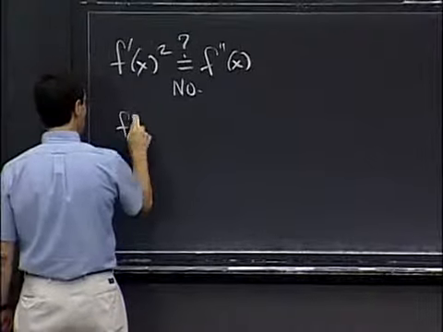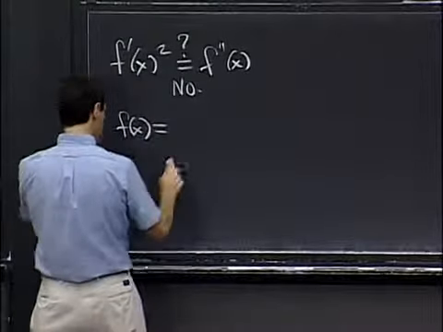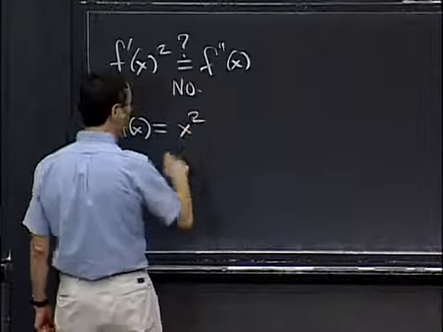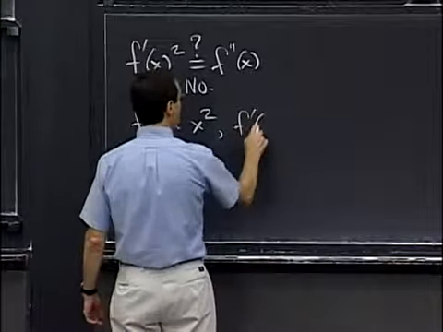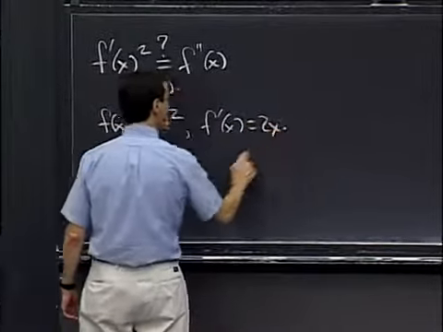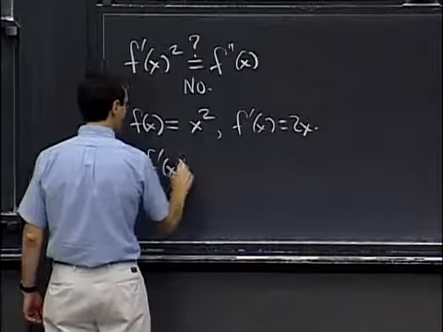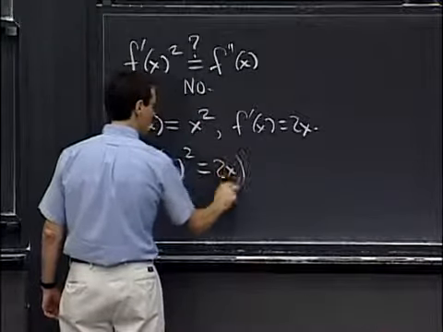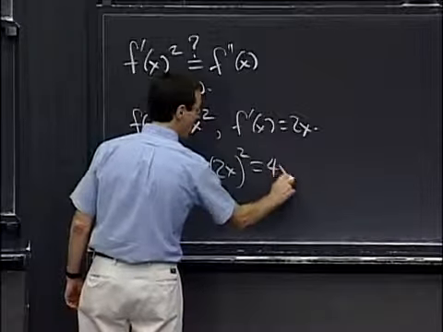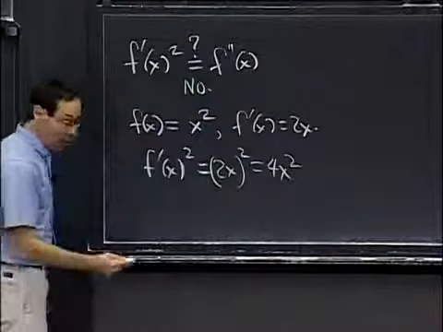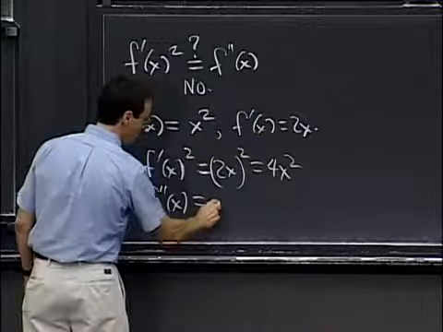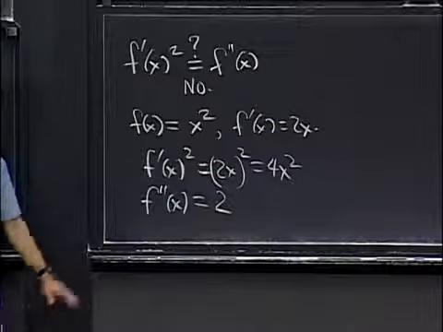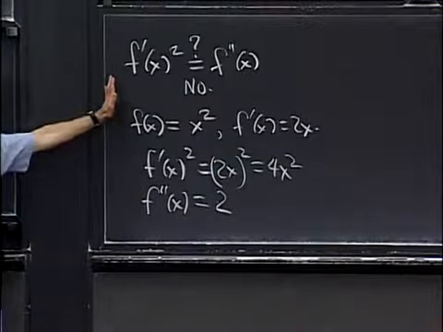For example, if f of x is equal to x squared, which is an example which will come up in a few minutes, then f prime of x is equal to 2x, and f prime of x squared is equal to 2x, the quantity squared, which is 4x squared. Whereas f double prime of x, if I differentiate this another time, is equal to 2. All right? So they don't mean the same thing.